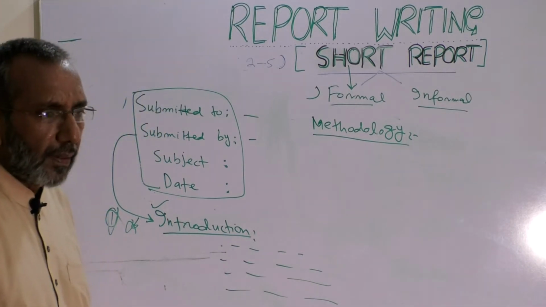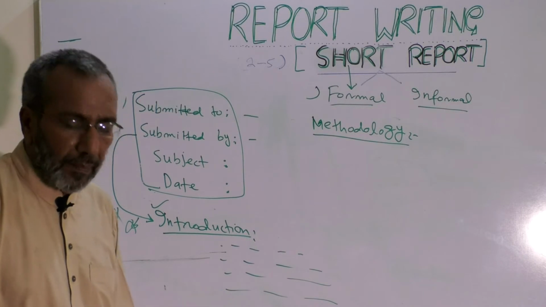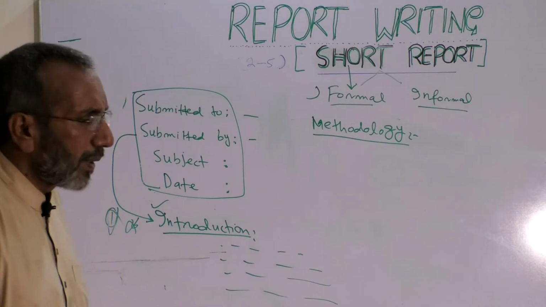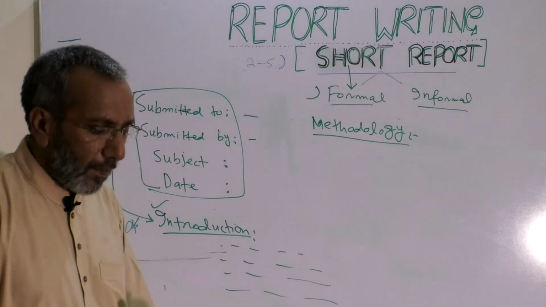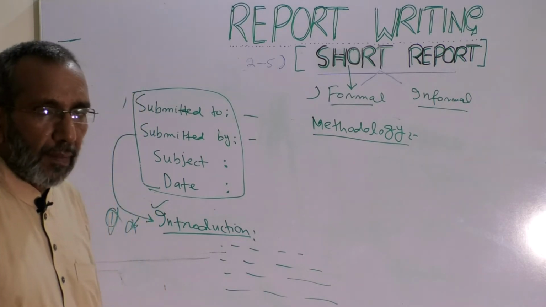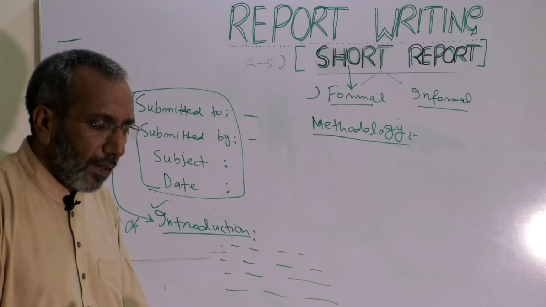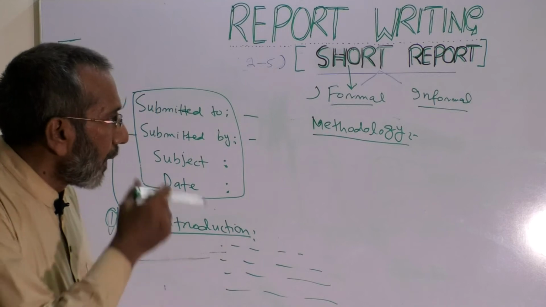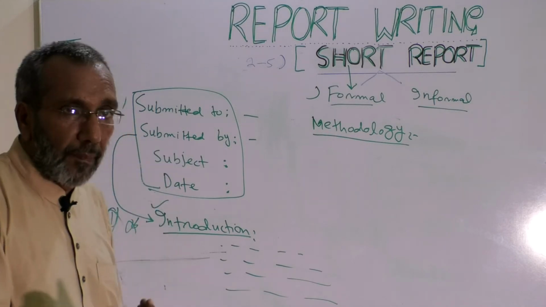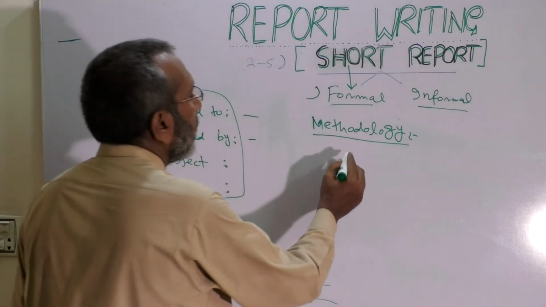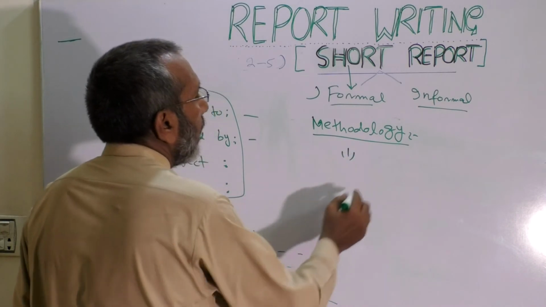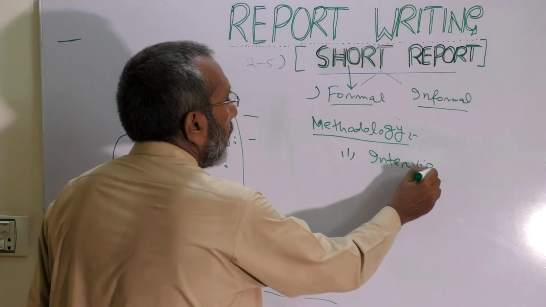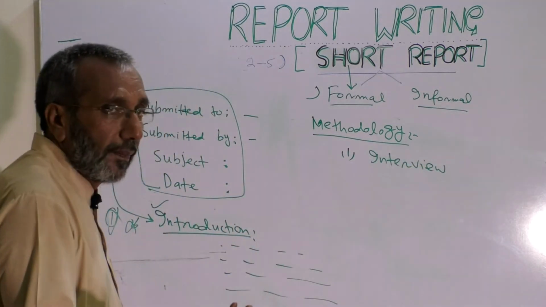Methodology basically means whenever you start some project, whenever you collect some data, people do ask you, how did you collect all this? What was your strategy? What was your methodology? How did you collect? So methodologies or sources can be different. Suppose methodology can be something like interviews, where you interview different people.